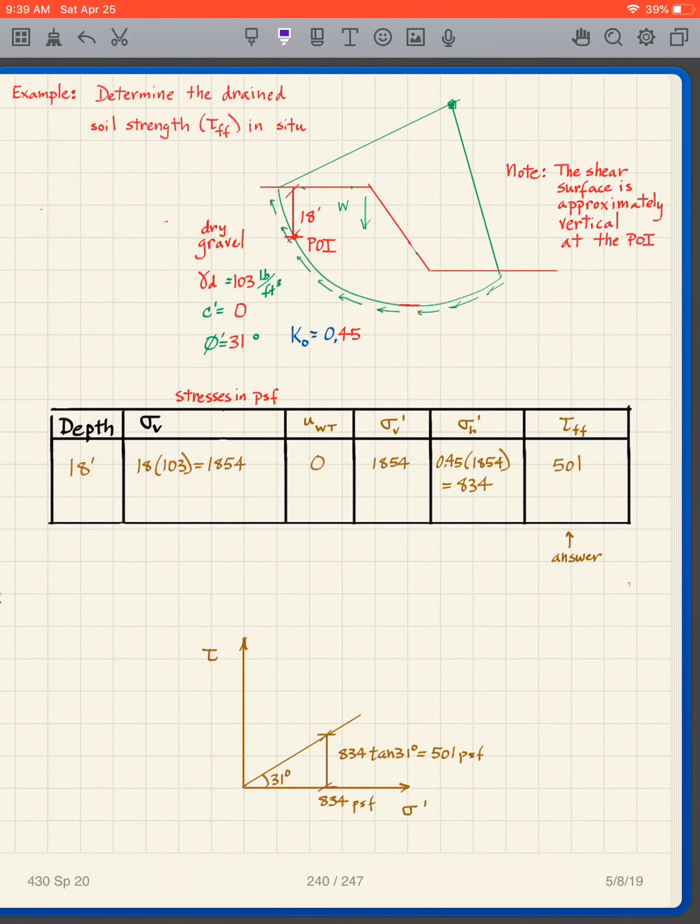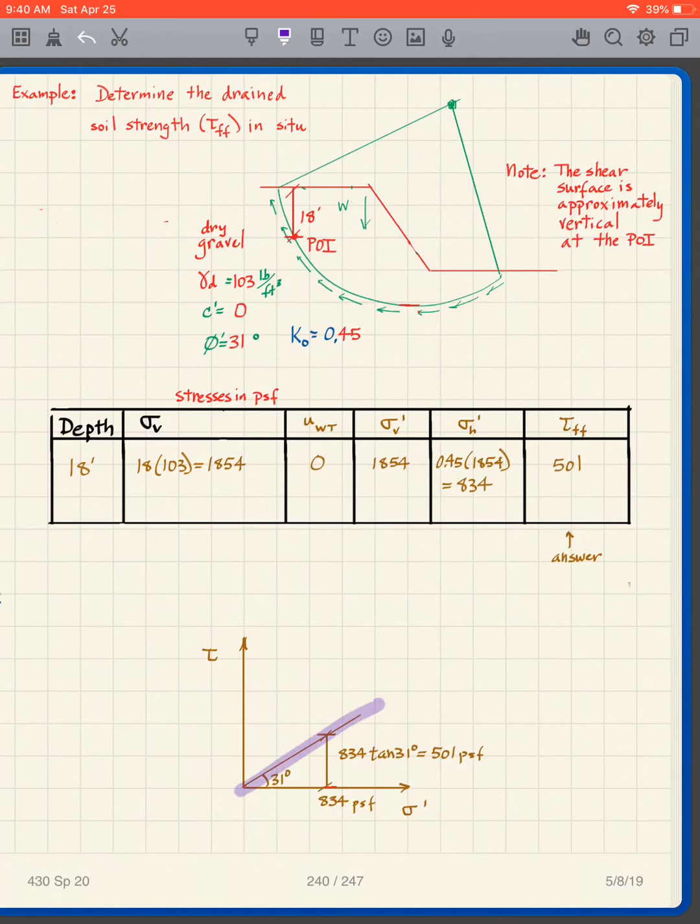Okay, I'm going to assume that you've done the problem. So what do I have? In this particular case, there's no building, so it makes it much easier. Depth is 18 feet. It's dry gravel. 18 times 103 gives me 1854. There's no water table, so sigma V prime is the same as the sigma V. Now, how do I get my sigma H prime? I simply multiply times 0.45. And I draw the failure envelope.